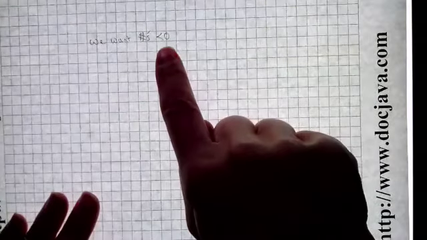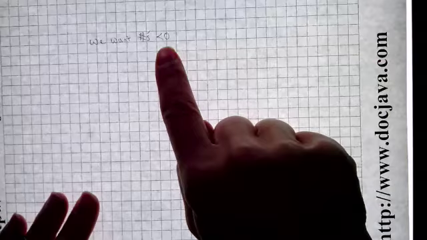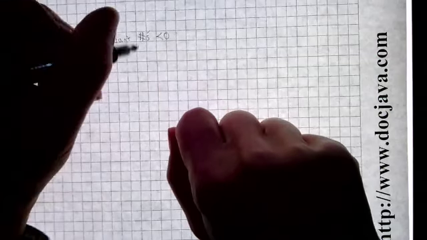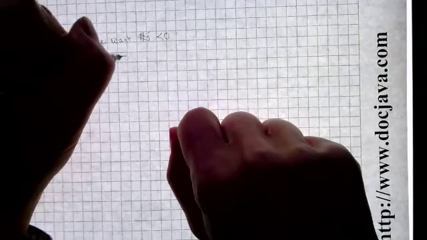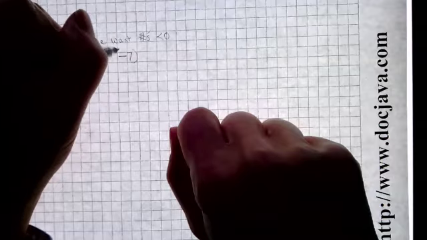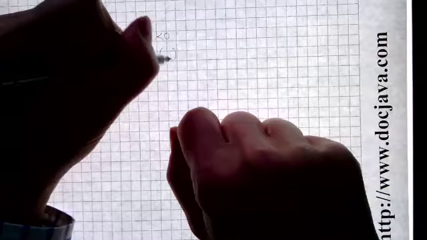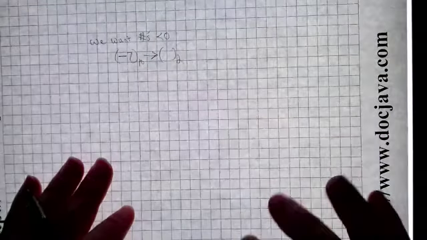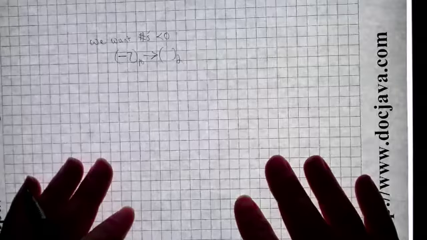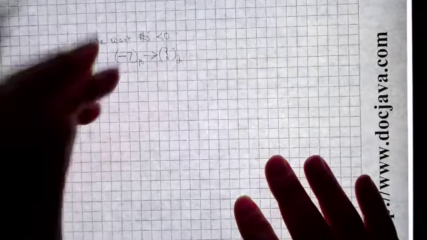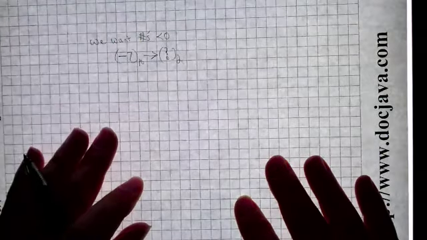So how do I do negative numbers in binary? Anybody got any ideas? Suppose I said to you, I want -7 base 10, and I want to write it in base 2. How do I do that? Any ideas about how we could do that?